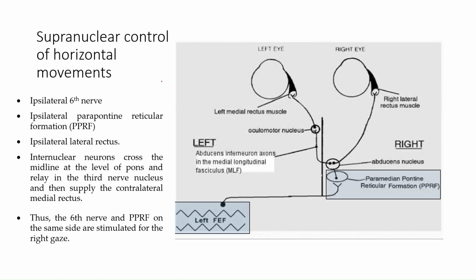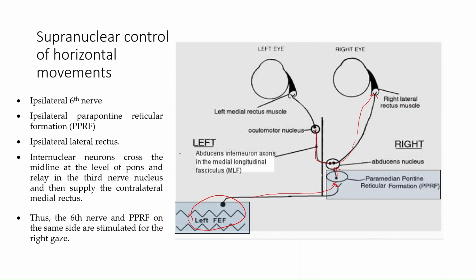How is it controlled? So if I want to look towards my right, impulses from my left eye frontal eye field, that is in the frontal lobe, travel to my right side PPRF or the paramedian pontine reticular formation. Why is it paramedian? It's very close to the midline, and then it enters the sixth nerve. From here we get impulses traveling directly to the right lateral rectus, and there is an interneuron which connects two nuclei.